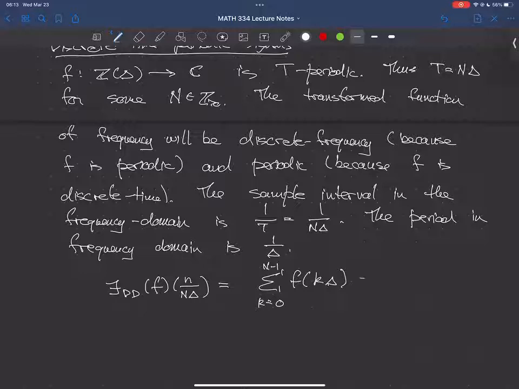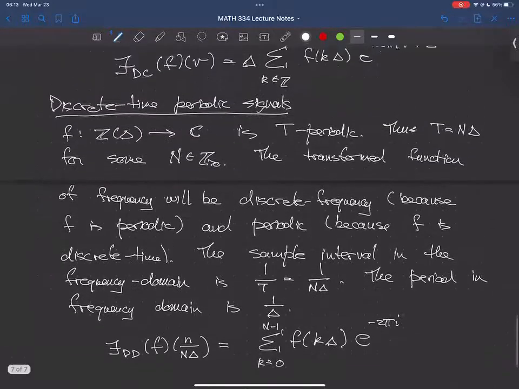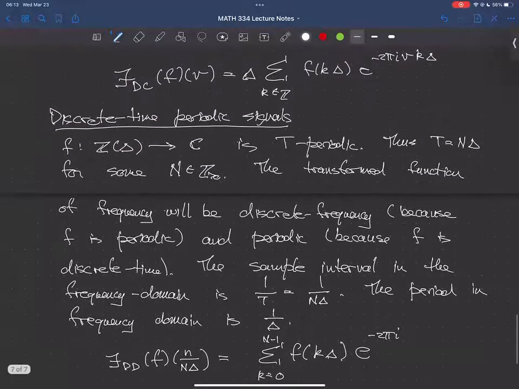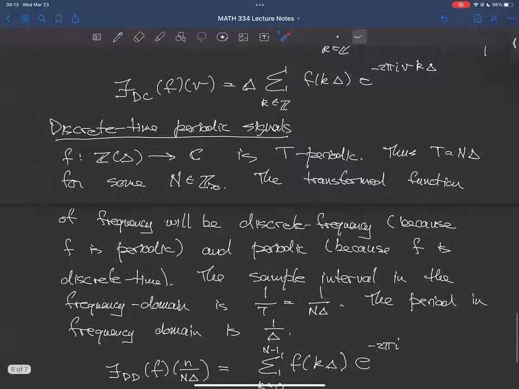All right, and let's take a look at the 2 pi i. What we're going to get is this thing. But nu here is going to be the discrete frequency variable, which is going to be integer multiples of 1 over N delta.